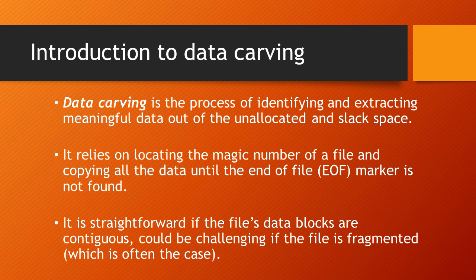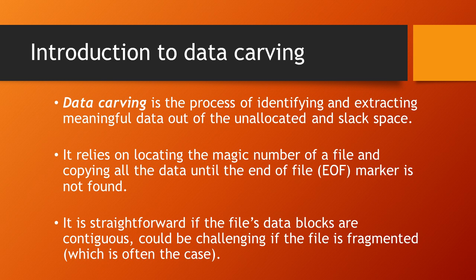In the previous sections, we have seen that files are identifiable through the magic numbers included in the file's header. Data carving relies on locating the magic number of a certain type of file and copying all the binary data between it and the corresponding end of file marker.